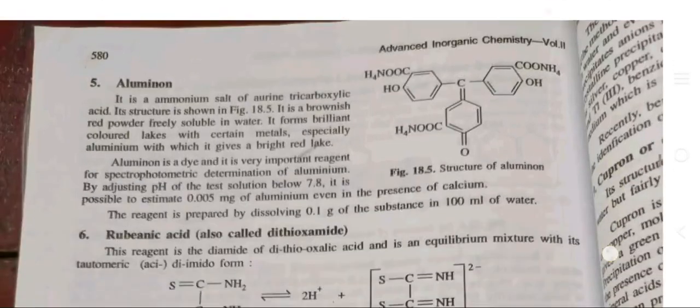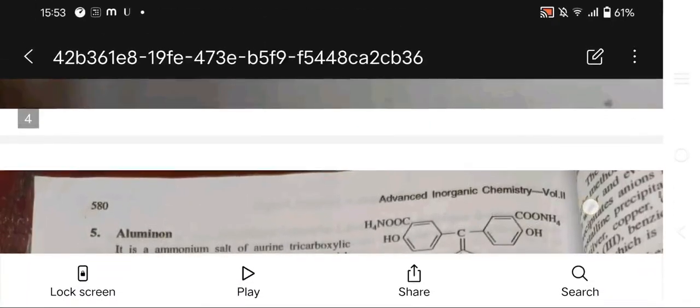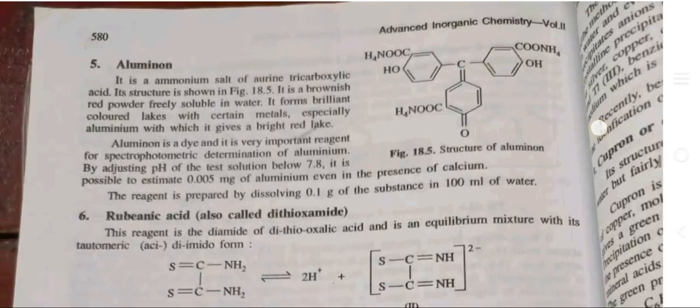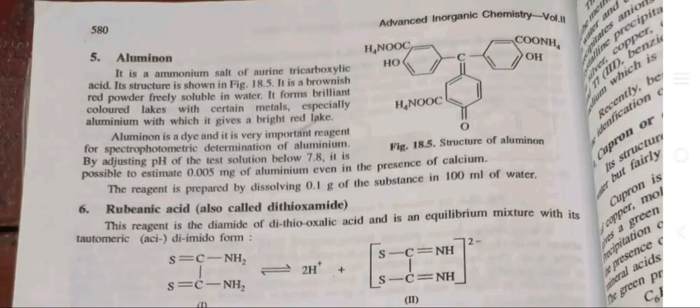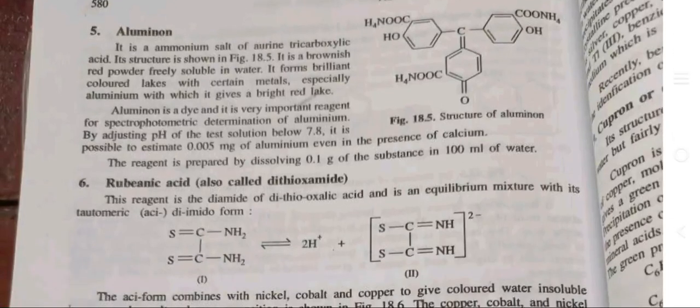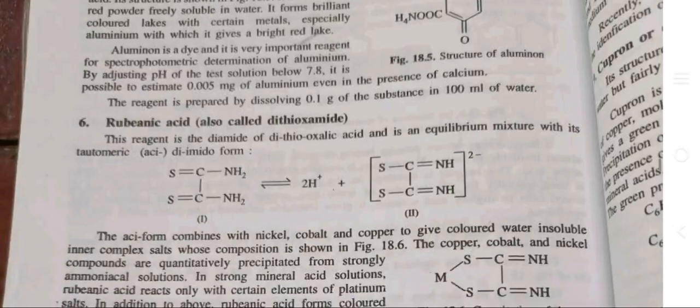Fifth is aluminon. It is the ammonium salt of aurin tricarboxylic acid. Its structure is shown in the figure. It is a brownish-red powder freely soluble in water. It forms brilliant colored lakes with certain metals, especially aluminium, with which it gives a bright red lake.